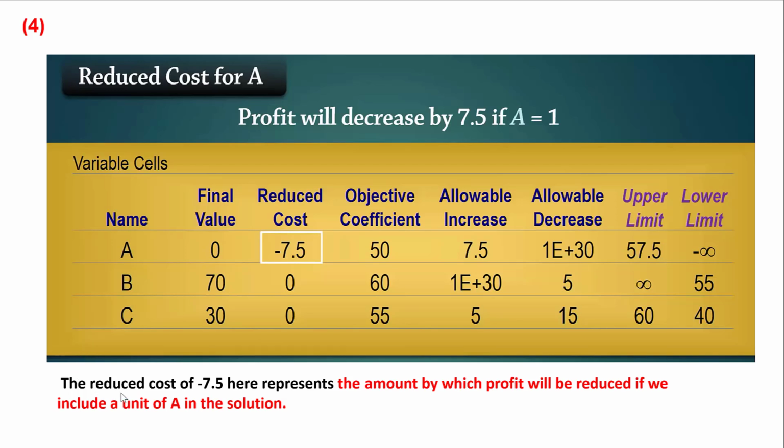So the reduced cost of minus 7.5 represents the amount by which profit will be reduced if we include 1 unit of A in the optimal solution. So if we produce 1 unit of A instead of 0, the profit will decrease by $7.5.